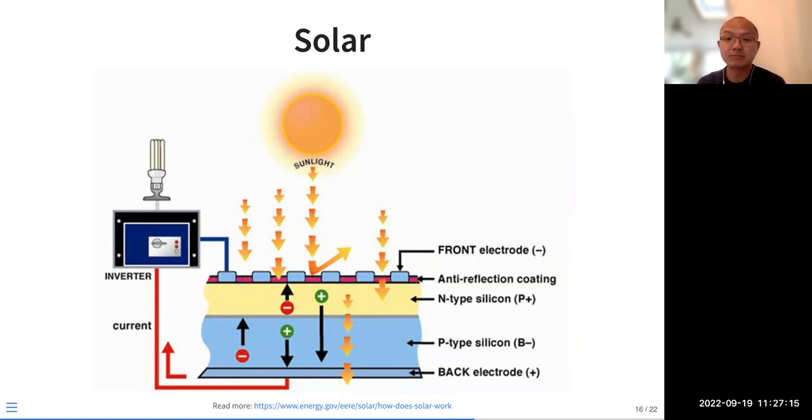Improvements to the system can use anti-reflection coating to reduce reflection and reduce the temperature, so the system can work better, and improving the P-type or N-type design makes the system run more efficiently.